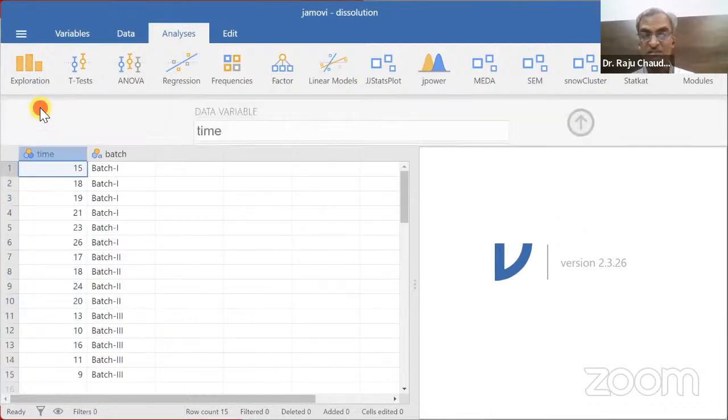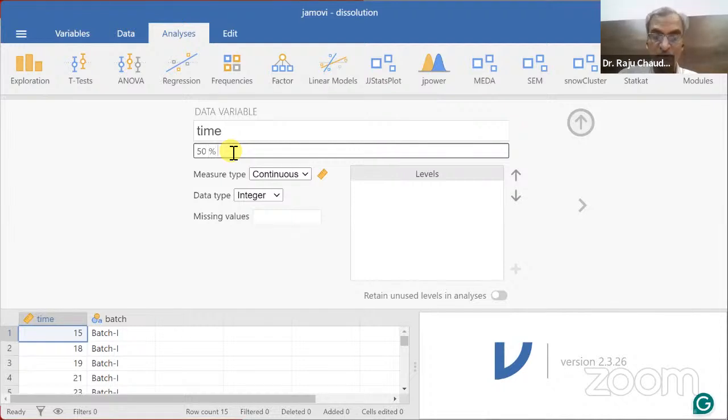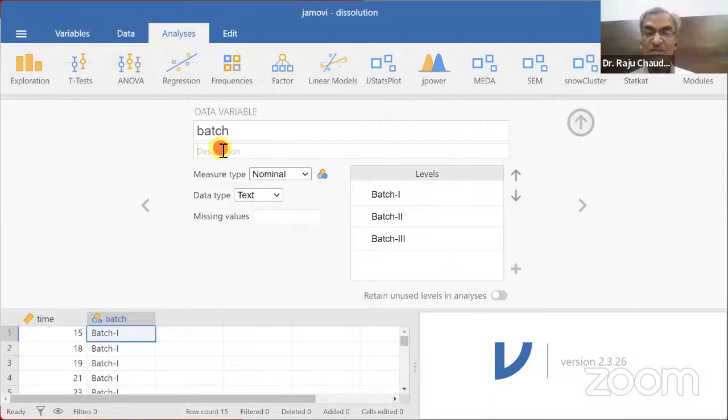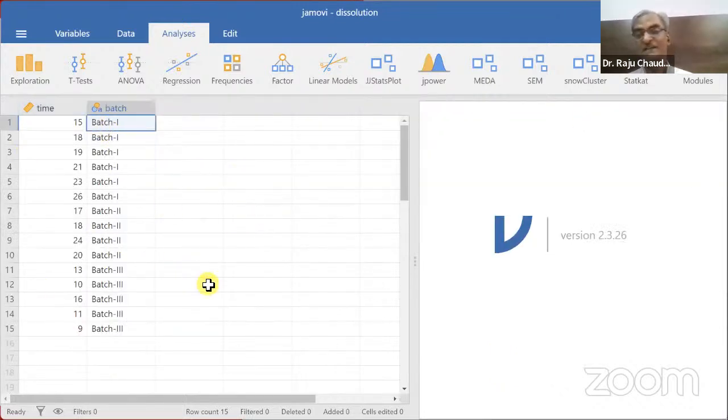So you can change that by double clicking that particular column, and change the data type to continuous. You can add, say, 50% dissolution time as a description. In the same way you can add this batch, that is simply batch, and it is already a nominal type data. So this is my data.